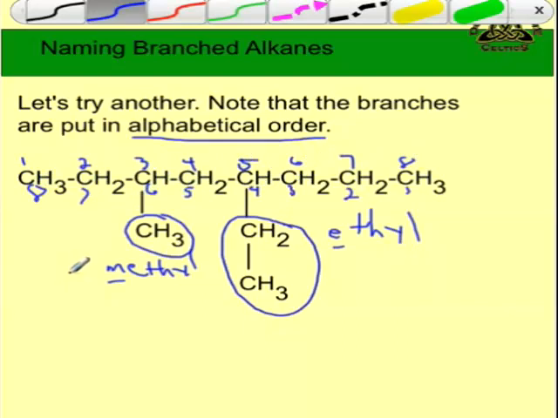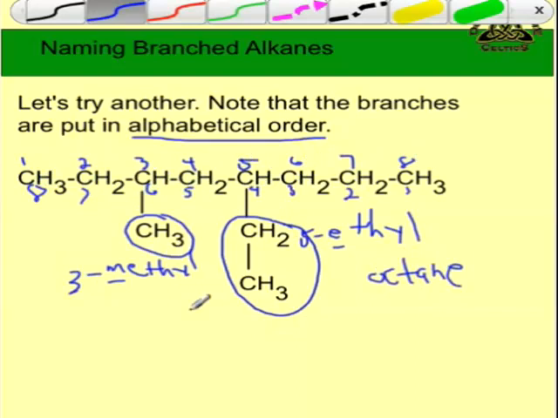So we have a 3-methyl and we have a 5-ethyl. And our carbon chain is 8 carbons long, making it an octane again.